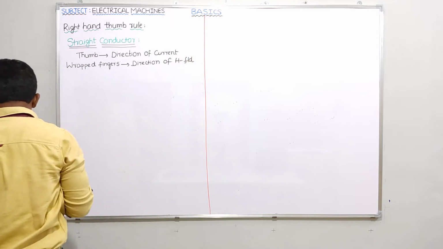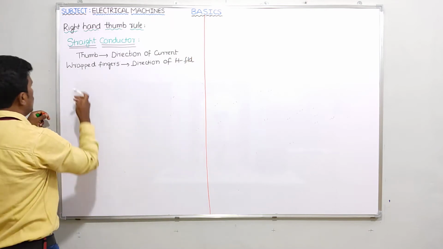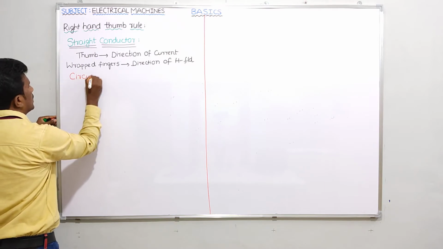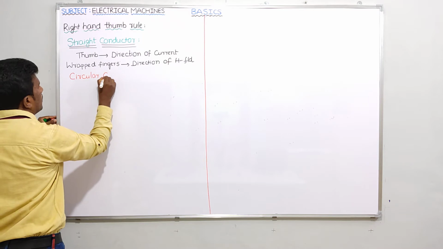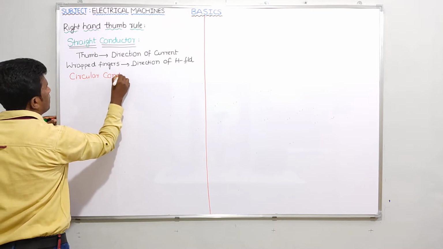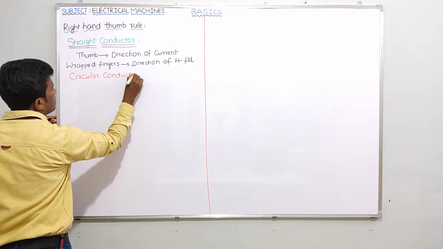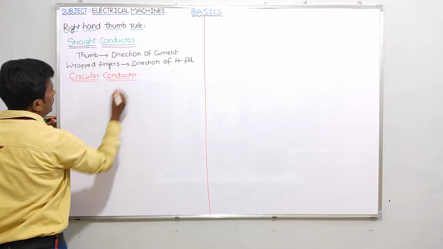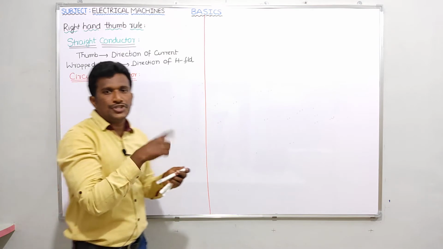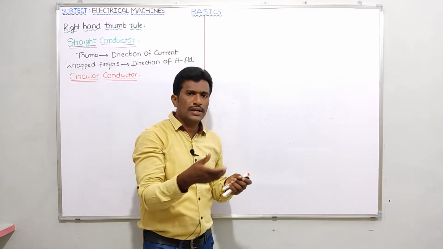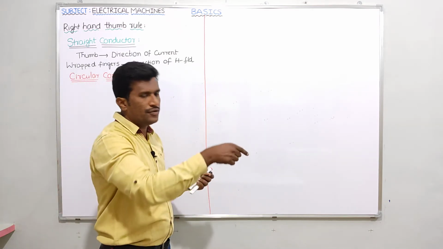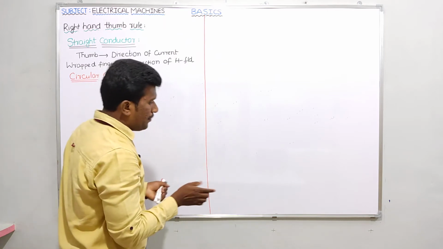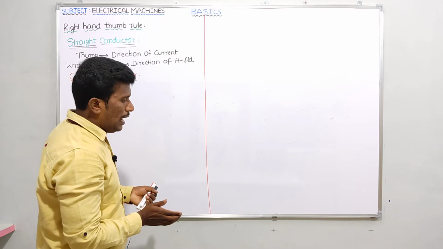Now let me take a circular conductor. If you take any conductor in circular shape, for example a bangle, suppose current is flowing in an anti-clockwise direction.